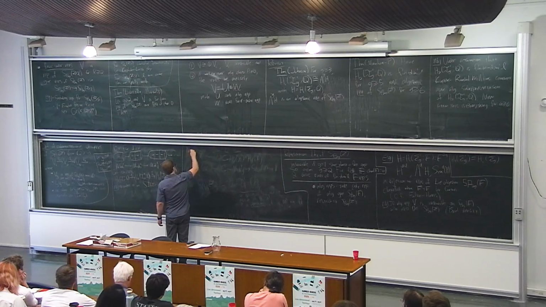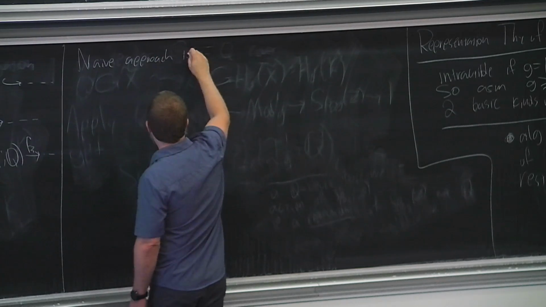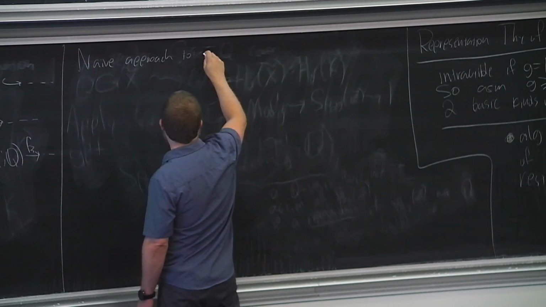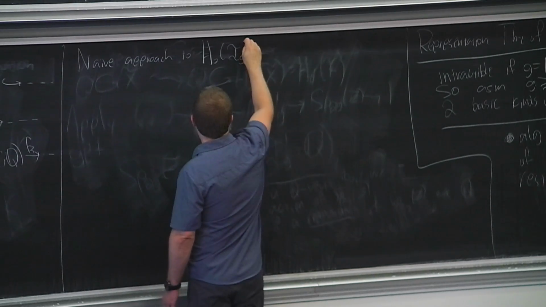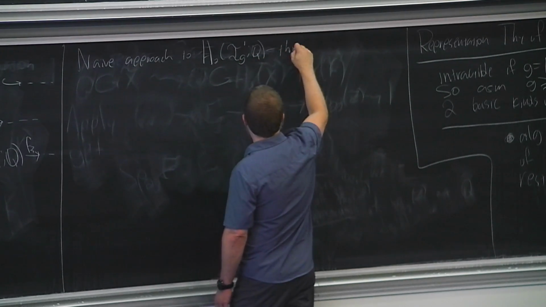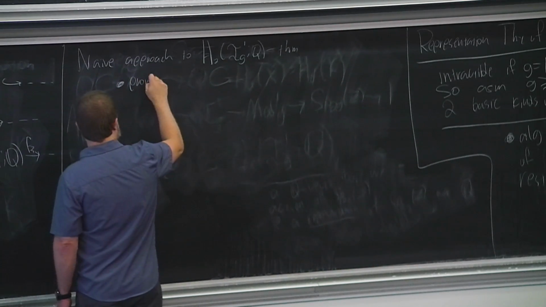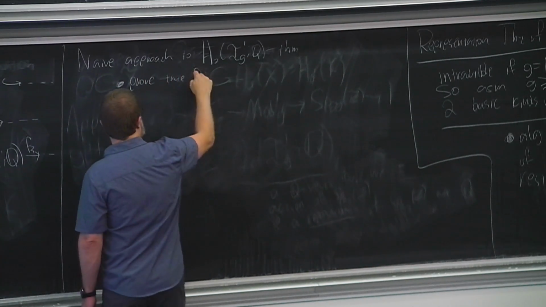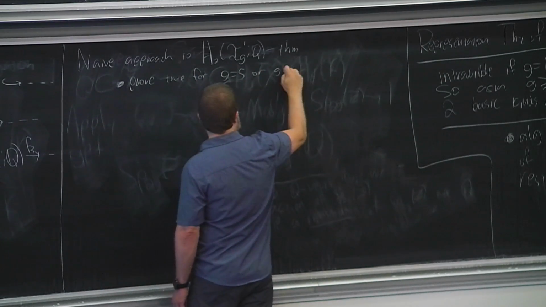And so here, a naive approach to our H2 of Torelli G1 theorem. Well, prove it's true for, I don't know, G equal to 5 or G equal to 6, right?